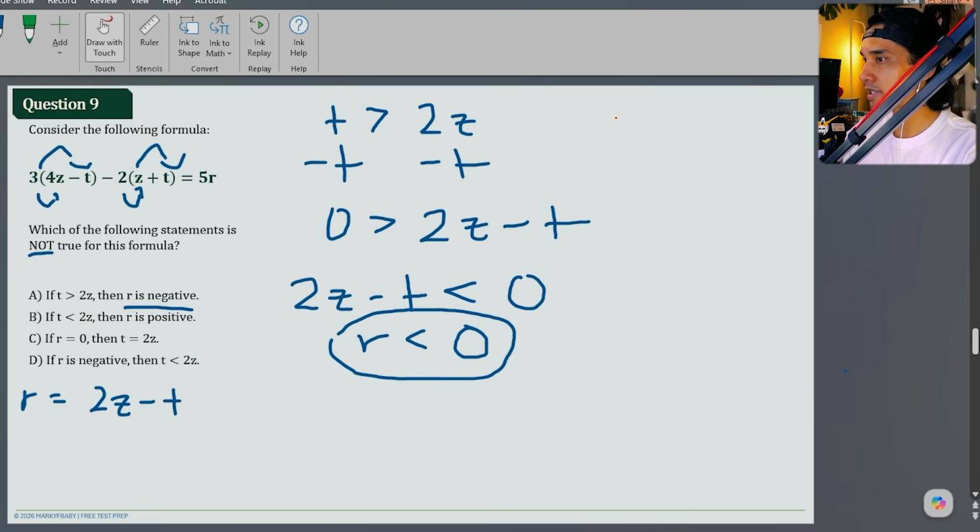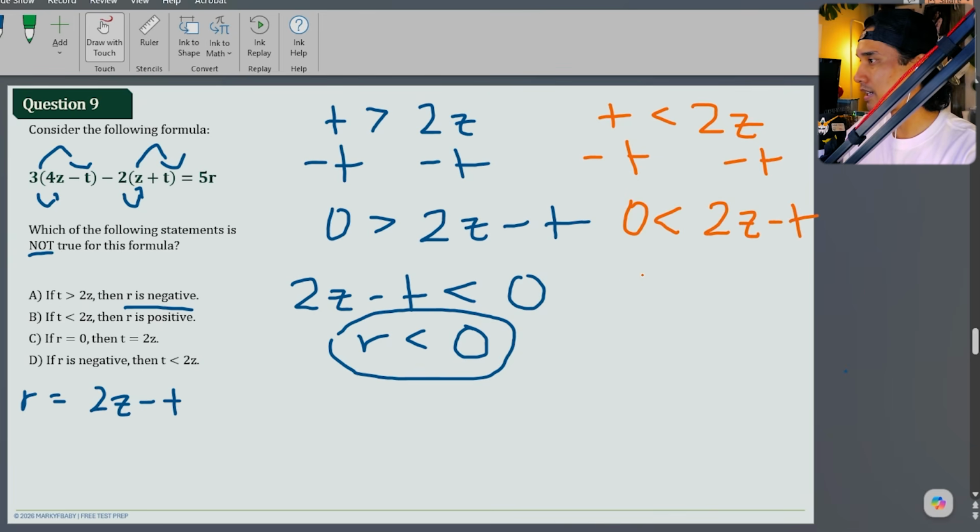So now we're testing t less than 2z. I'm going to do exactly what I did before. I'm going to minus t. I get 0 less than 2z minus t. I'm going to switch it to where I get this 2z minus t to the left side.